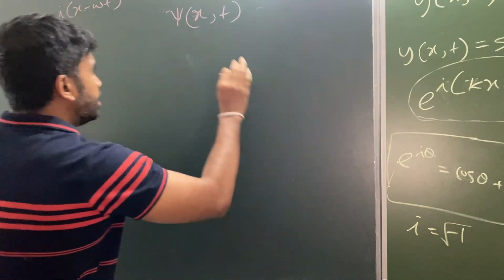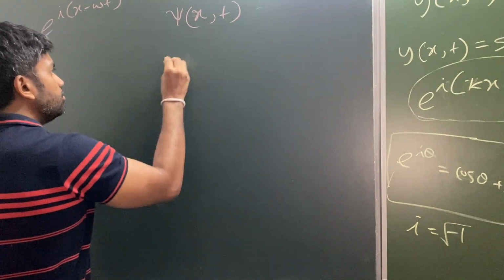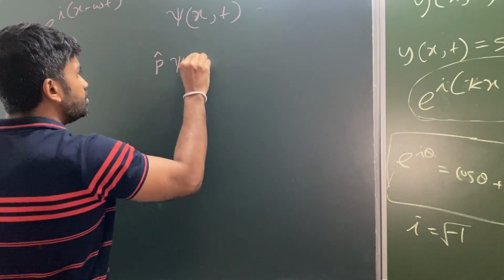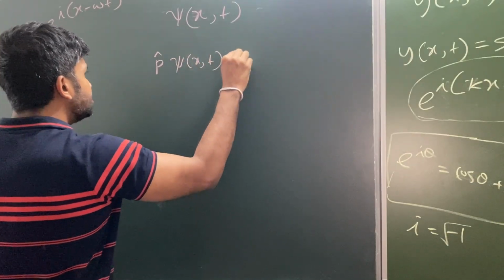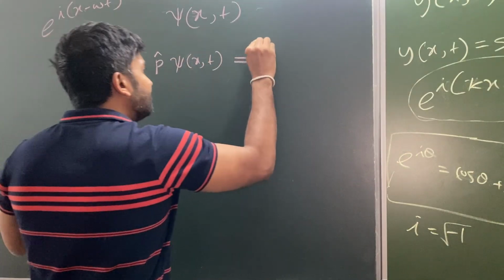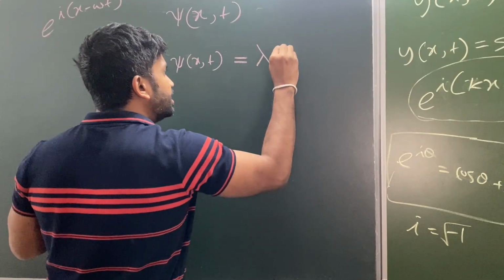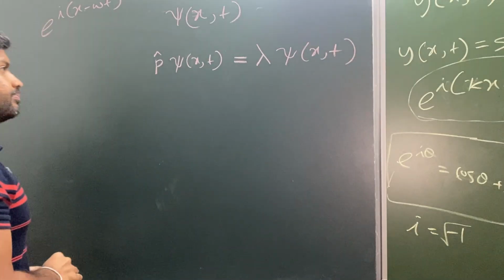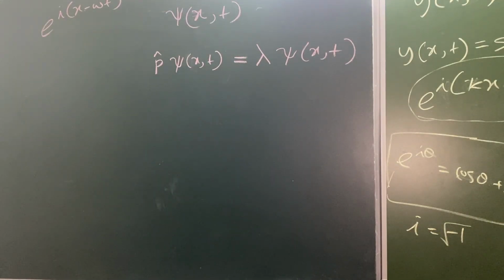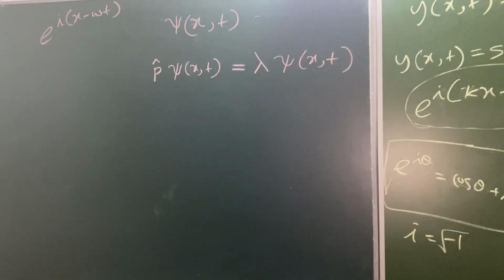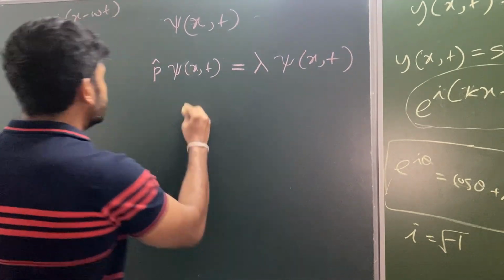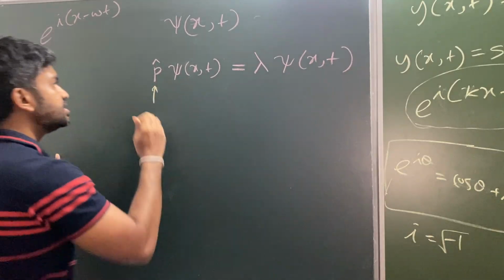For example, this is what they look like. If you put an operator in front of this phi(x,t), you will still end up with the value lambda and the function itself again, right? So this is very important. Now this is the operator. Let me introduce what these terms are.